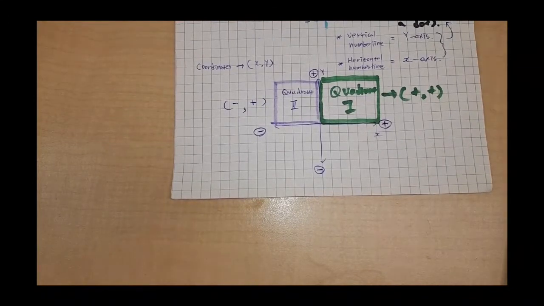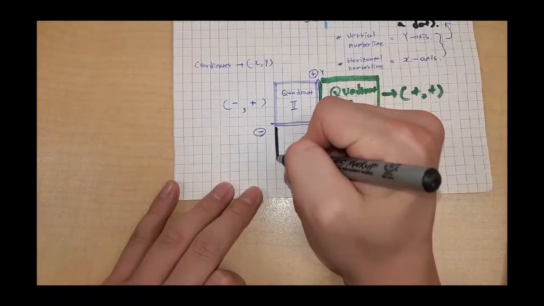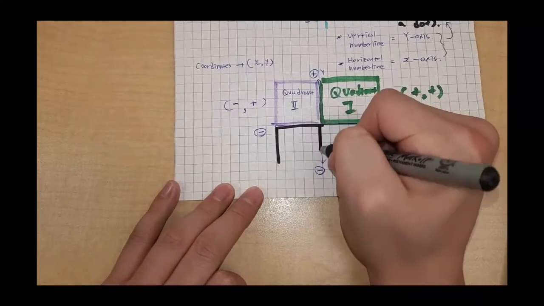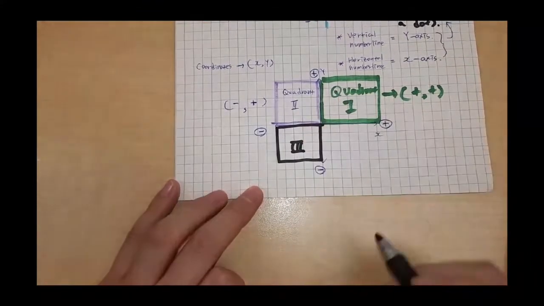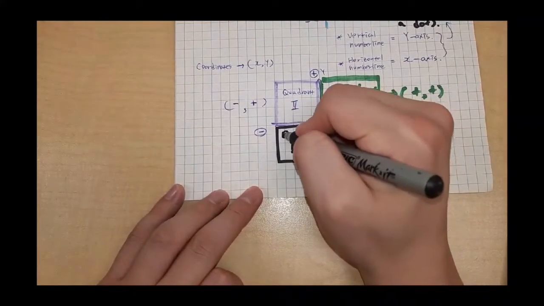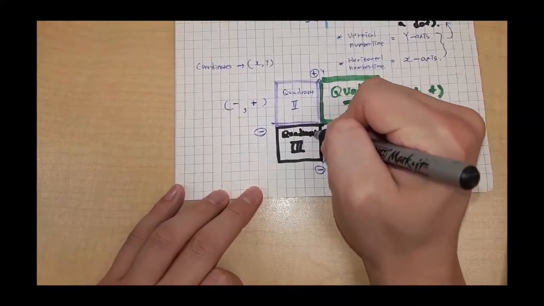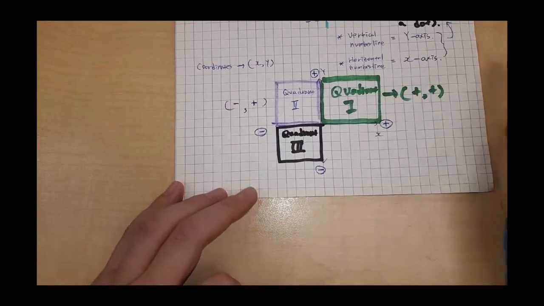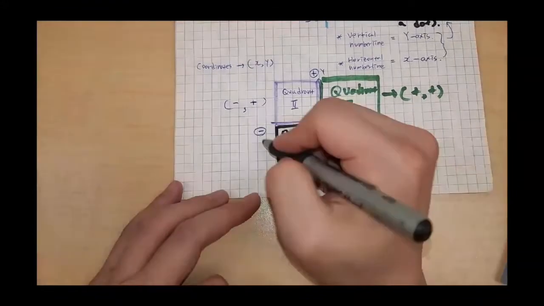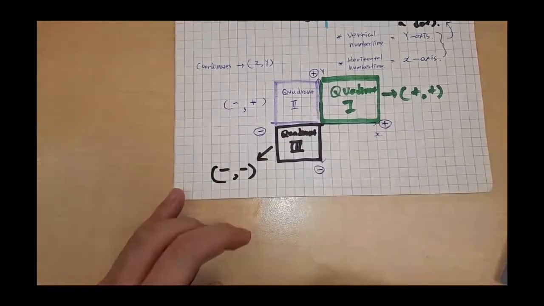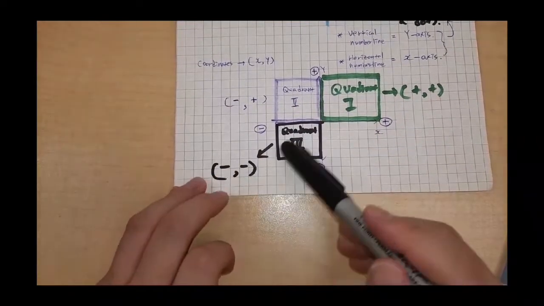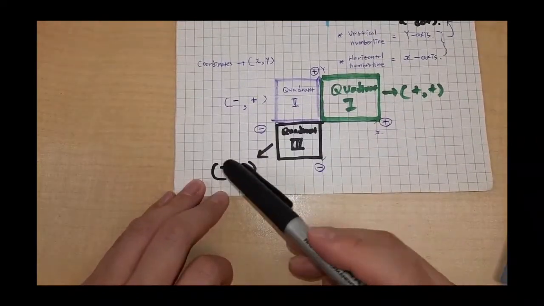The other part, anything that belongs to the bottom left, we're going to call quadrant Roman numeral 3. Quadrant 3. These are the ones that have negative and negative positions. So horizontally left and vertically bottom, negative and negative.